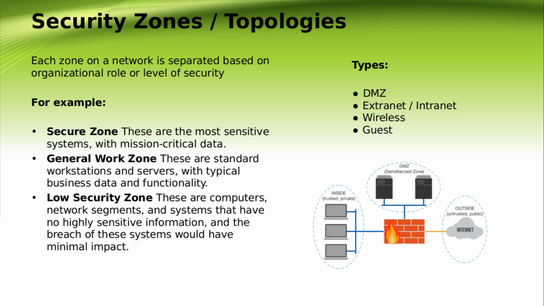Low security zone: these are computers, network segments and systems that have no highly sensitive information, and a breach of these systems would have minimal impact. And the types: DMZ, extranet, intranet, wireless, guest. So we will see them one by one.